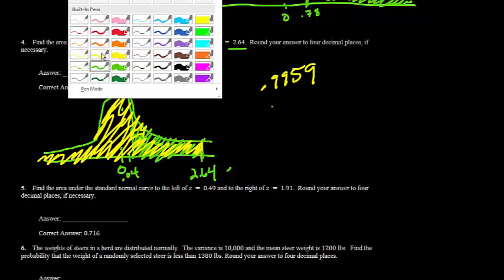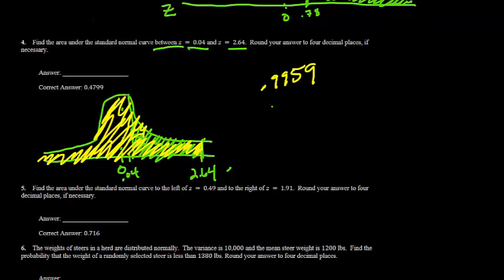Let's do it in pink. So that's going to be really ugly. Whatever's on this side of the 0.04 is 0.5160. So we're going to subtract 0.5160, and we get the green.